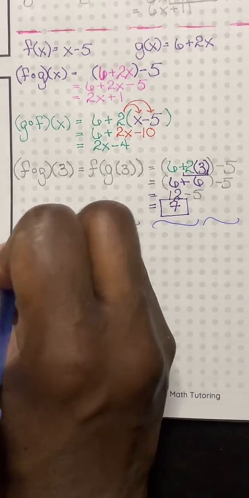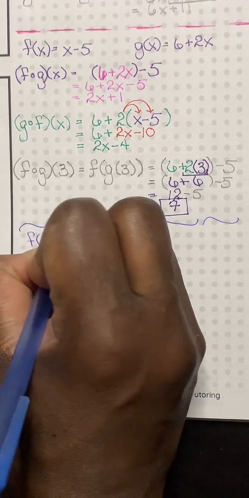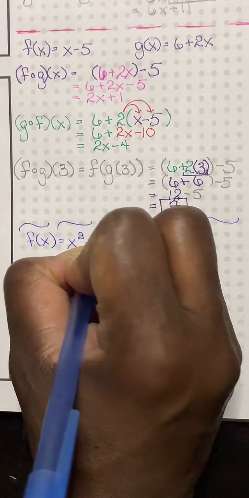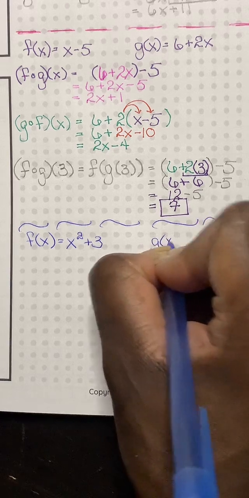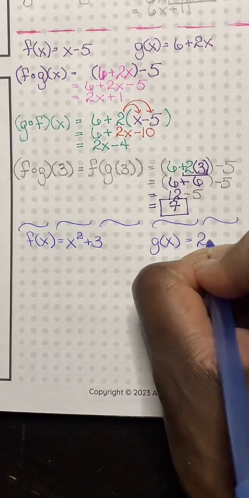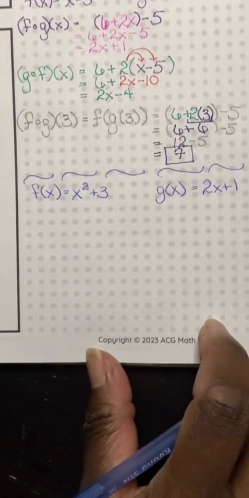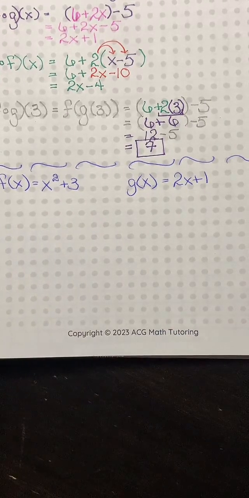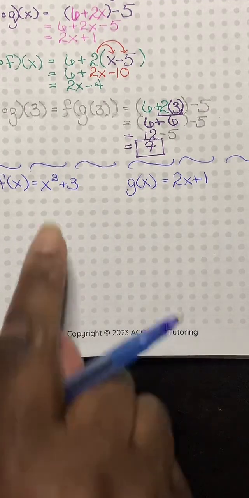All right, so if I said the f of x is equal to x squared plus 3, and the g of x is equal to 2x plus 1. Okay, so this time we have a square.